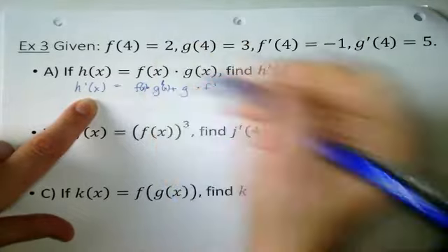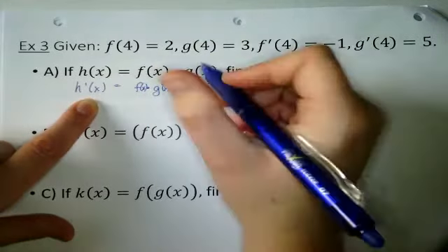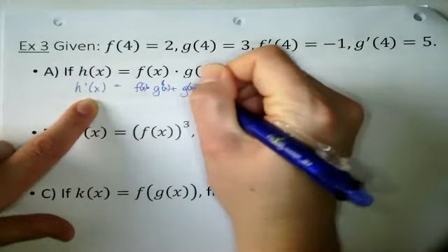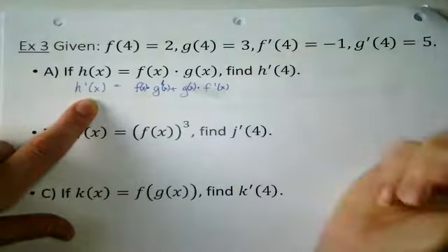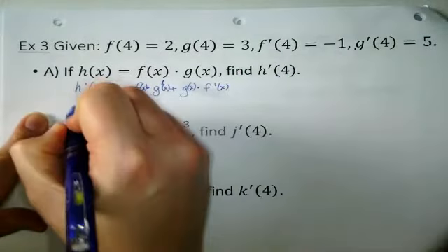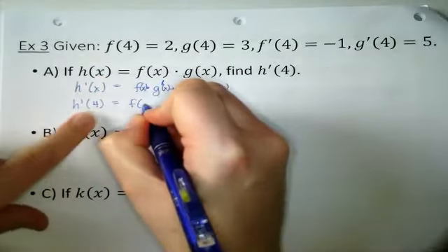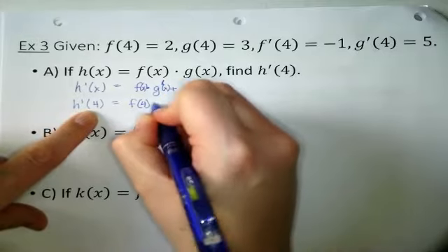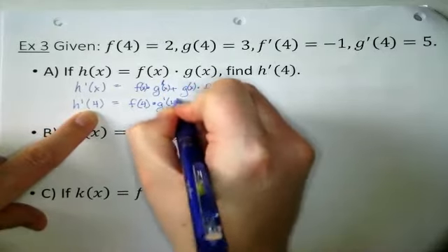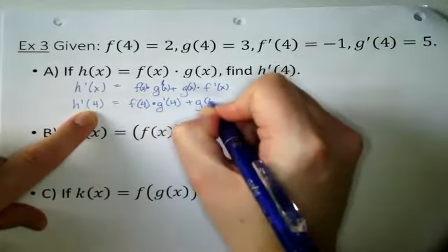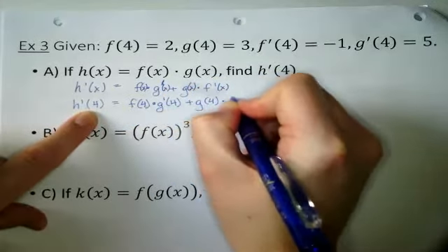So it's f of x times g prime of x plus g of x times f prime of x. And then we just want to plug in 4. So h prime of 4 would, plugging in 4s wherever there's an x, be f of 4 times g prime of 4 plus g of 4 times f prime of 4.